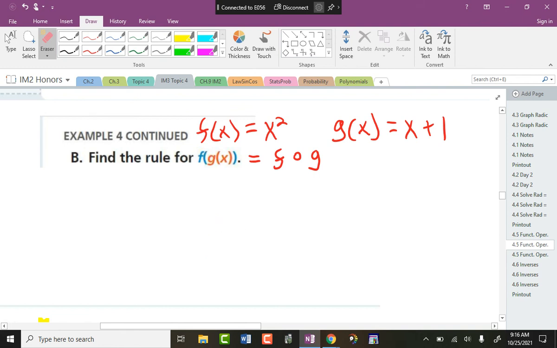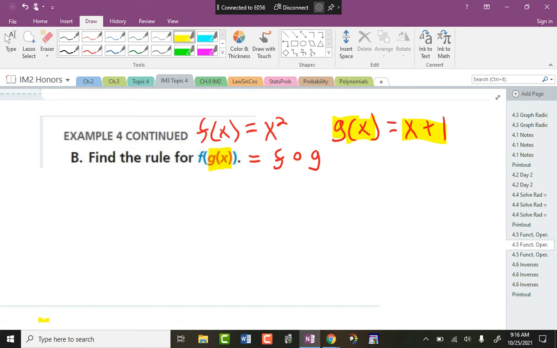All right, so how do I work inside out? Well, it's actually this simple. G of x is just the name of this function. That's one thing about function notation. I can name functions differently. F of x, g of x, h of x, doesn't matter.